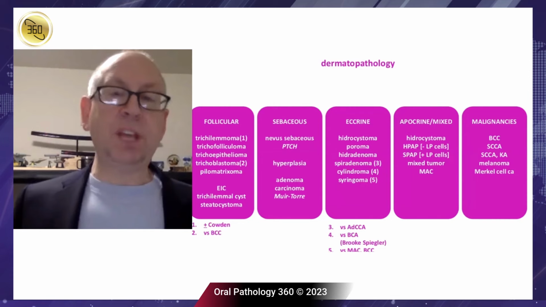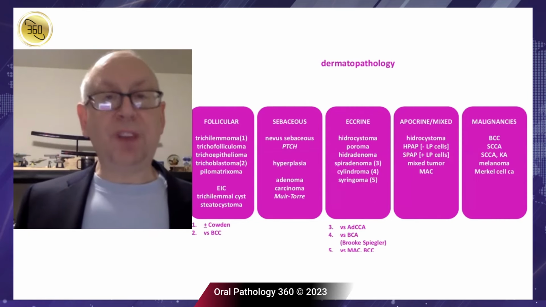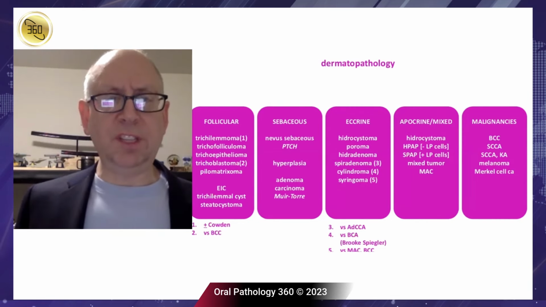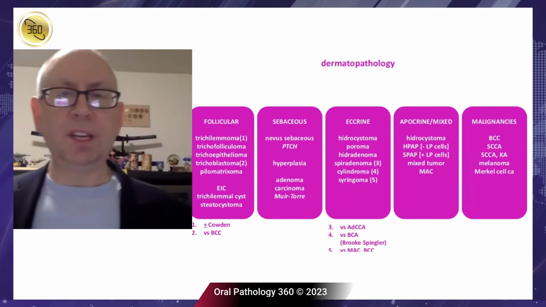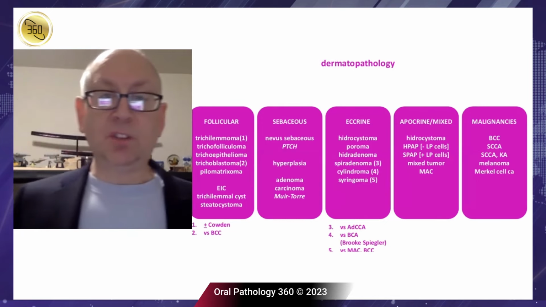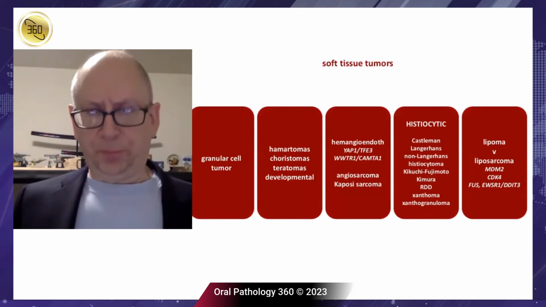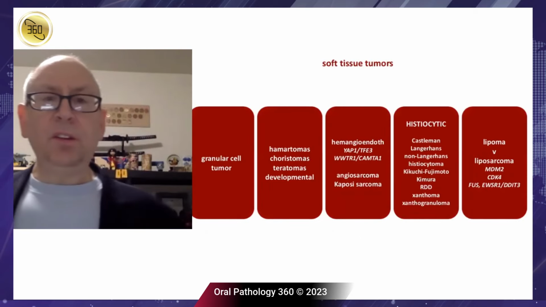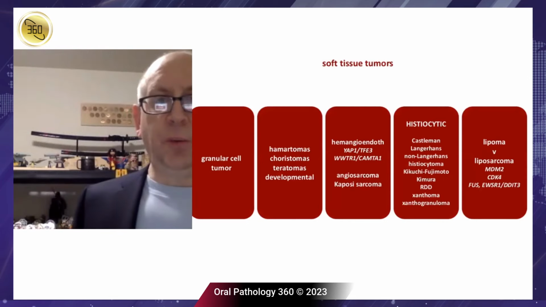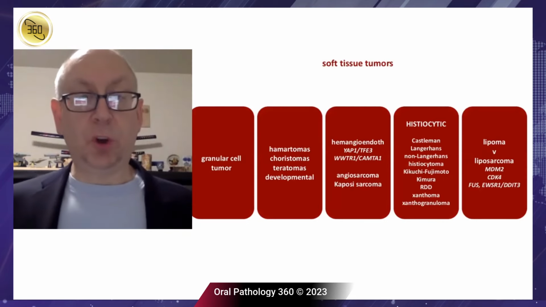And then there's a subset of these that will manifest with sort of odd oral diseases. So things like eccrine tumors, like cylindromas, can show up with salivary tumors. And then there's all the soft tissue tumors that we have to sort of deal with, and they do show up in the oral cavity.